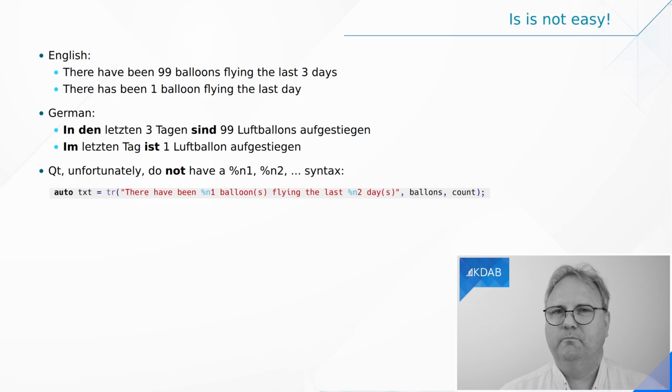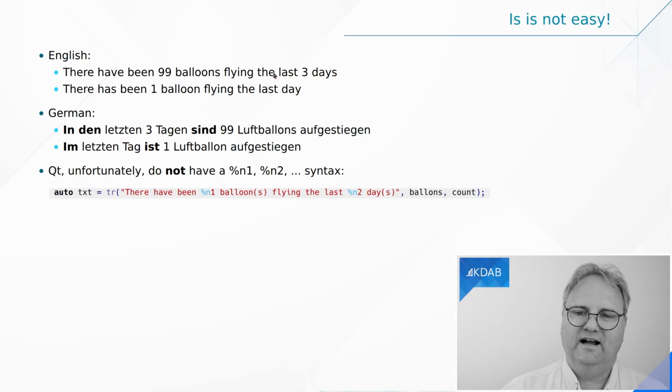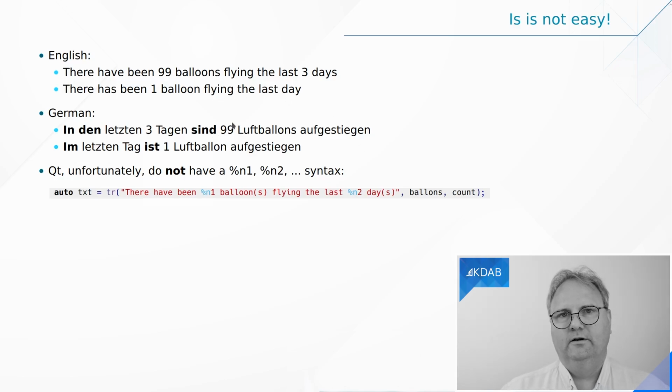It gets worse, but I don't have a solution for you at this place. See, I have this: there have been 99 balloons flying in the last 3 days, or there has been one balloon flying the last day. How do I translate these two options to German? 99 Luftballons.